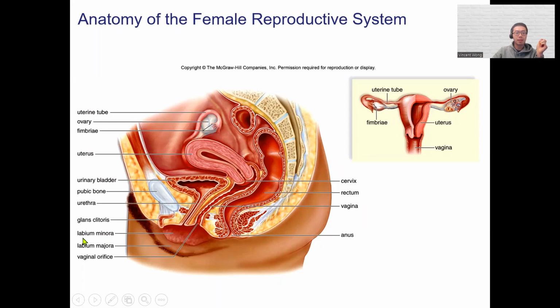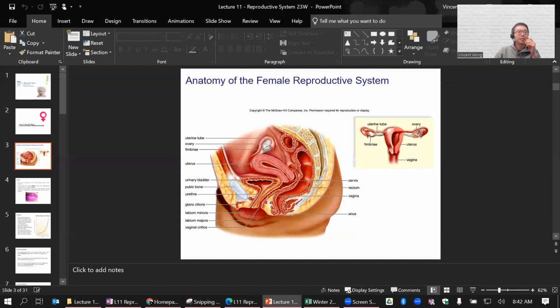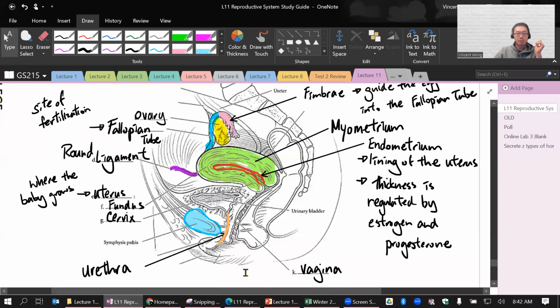So that's the labia minora and majora. Just the two flaps of skin. We don't have to label it. Just the ones that we label here suffice.